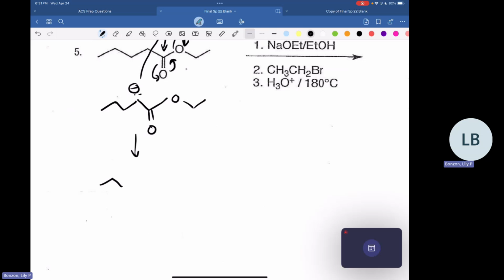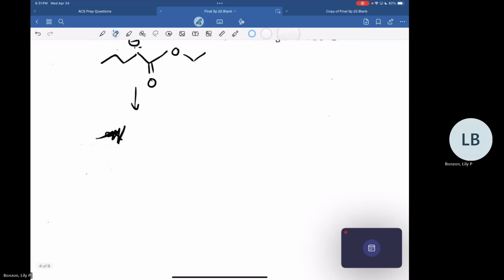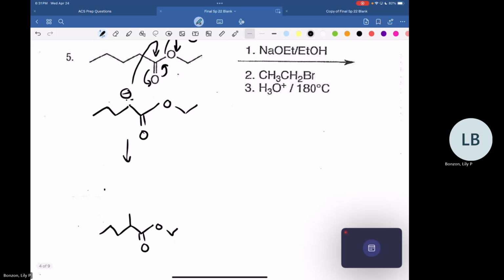So we're going to redraw this. Okay, so again, we kicked out the ether part of the ester.